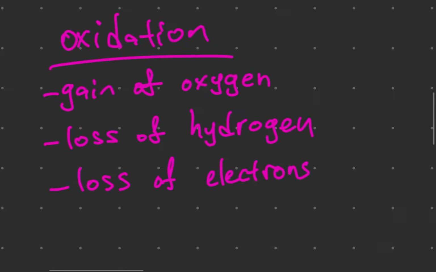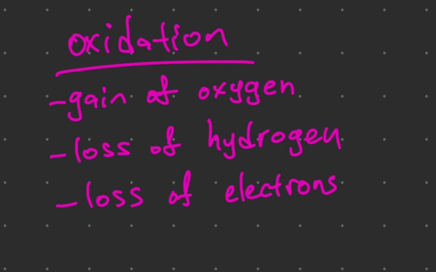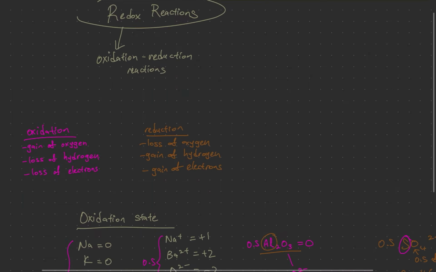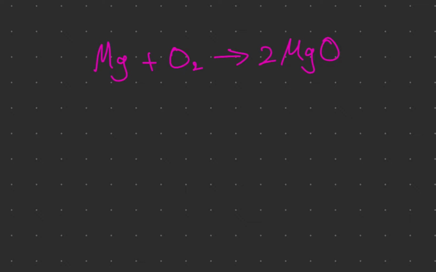So let's take a look here. Why is oxidation a gain of oxygen? And why is reduction a loss of oxygen? Alright, so I'm gonna talk a little bit about a reaction now. So magnesium plus oxygen gas will give us magnesium oxide. Gotta balance it.